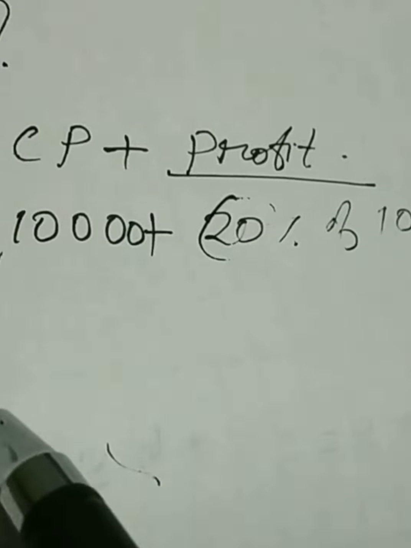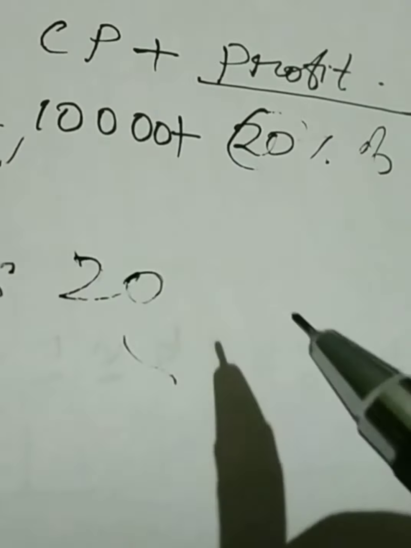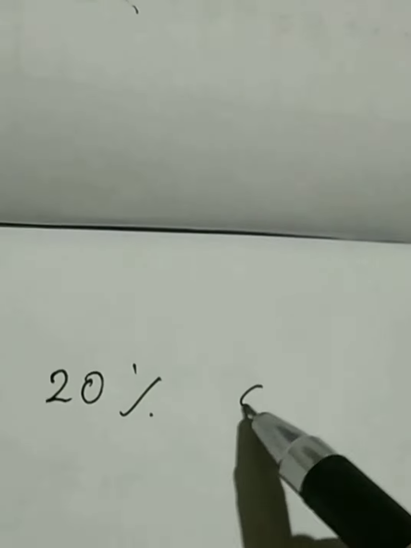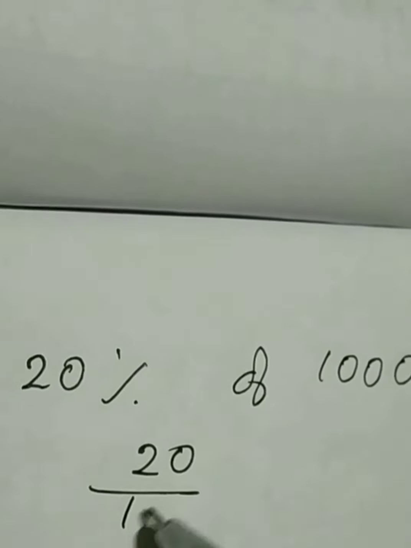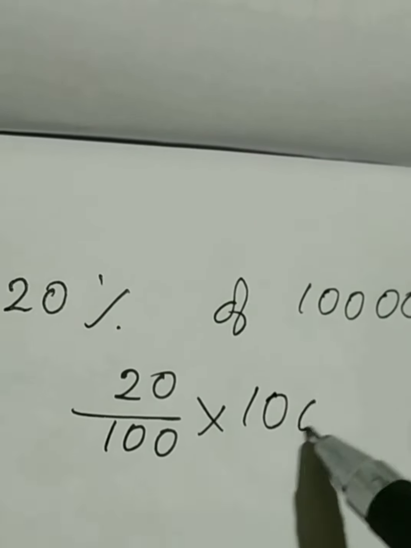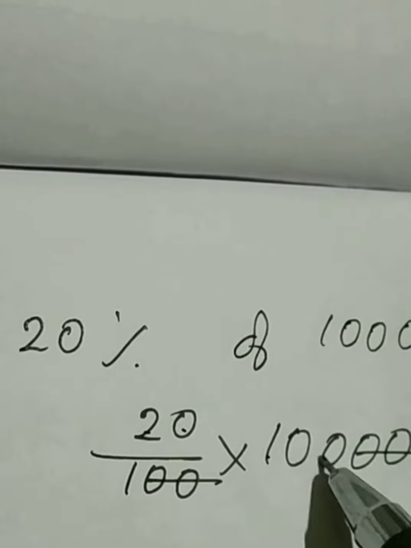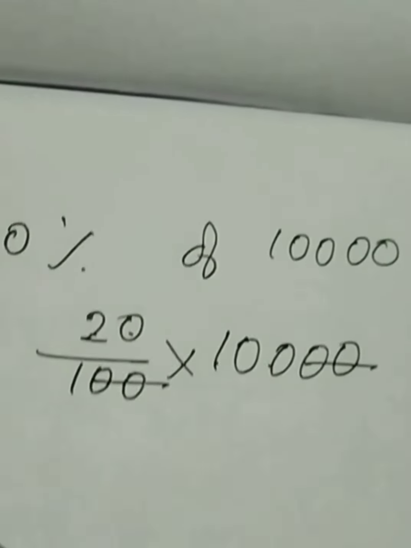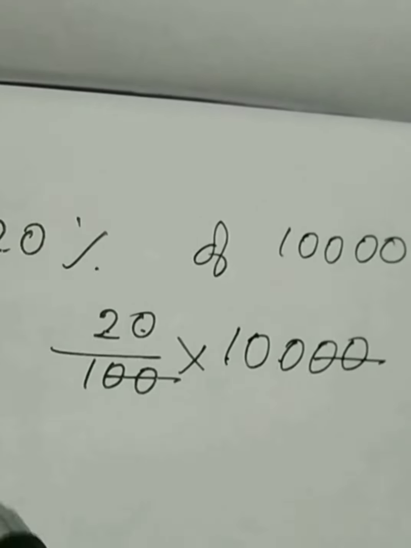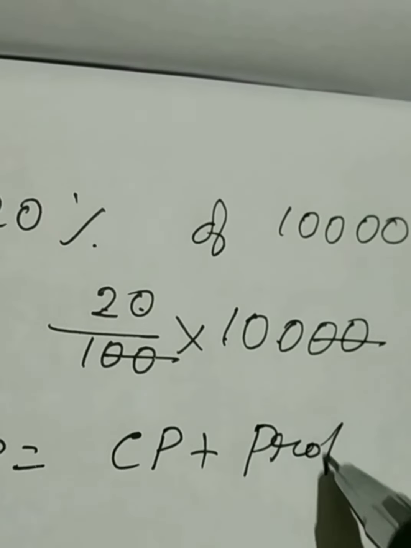Here we can find 20% of 10,000. That is 20 on 100 times 10,000. 2 zeros, here 2 zeros. 20 times 100 is equal to 2,000. So we got selling price is equal to cost price plus profit.